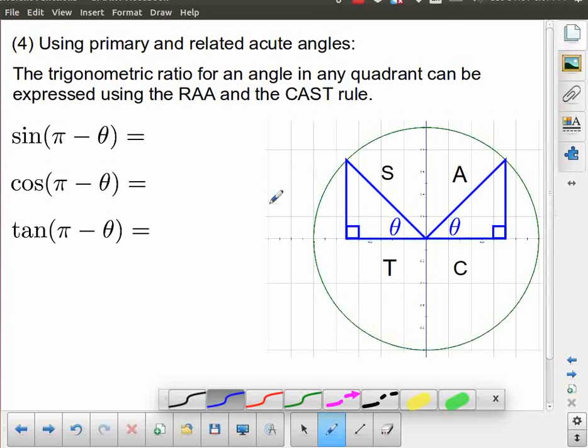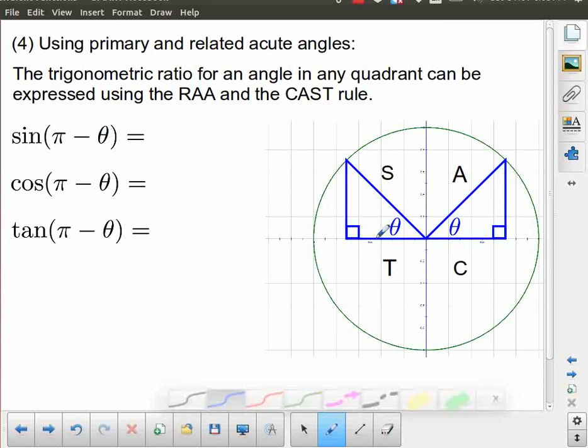Okay, and then another way we can do this is using the primary and related acute angles. The primary angle is essentially your theta value, and then we try to write that in terms of a related acute angle, and we apply the CAST rule. So let's take a look here. Let's imagine that I've got pi minus theta.